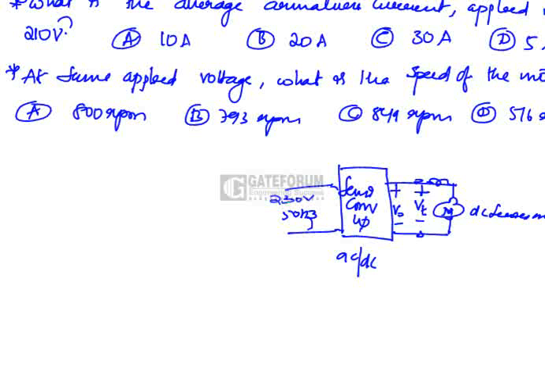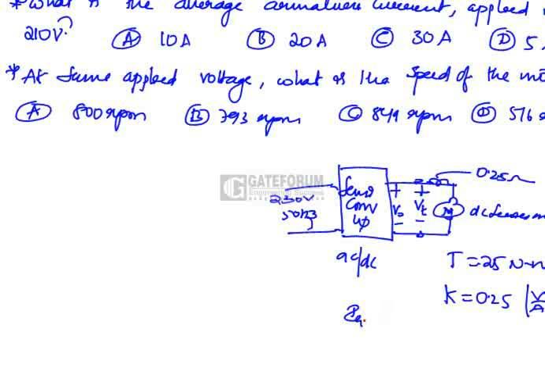The armature and field resistance together is 0.25 ohm, and load torque T is equal to 25 Newton meter. Neglect damping, and the motor constant at rated conditions is K equal to 0.25 volt per ampere per radians per second. This is the data given by him.